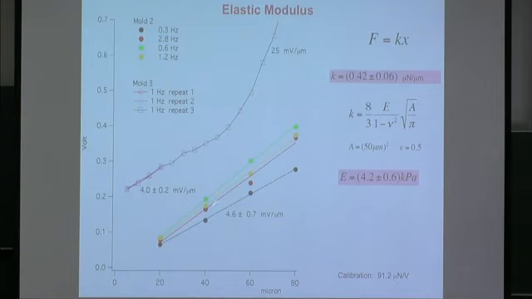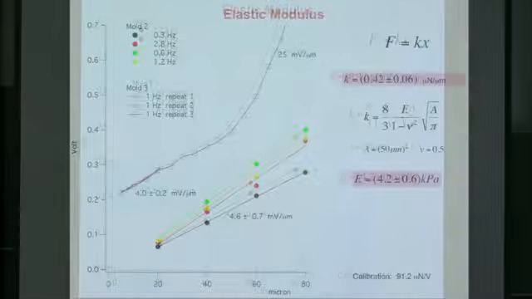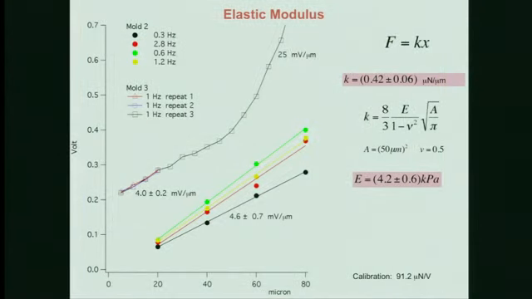And what we find, if you calibrate that, is a slope, an elastic Hooke's spring constant, of half a Newton per micrometer. Now, if you do a half space approximation, assuming a half space and a circle instead of a square, which it is, you get a nominal value for the elastic modulus, which is 4 kilopascal.